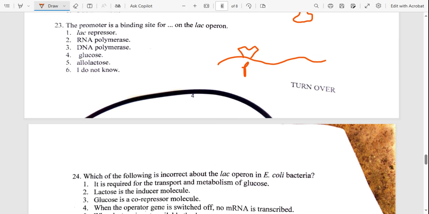So we need to know basically the role of these. Firstly, what is the lac operon? The lac operon is just a piece of the chromosome that is involved in regulating the breakdown of lactose.